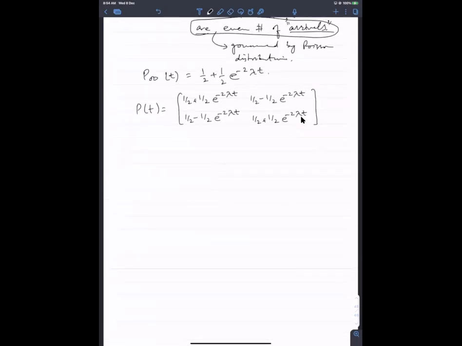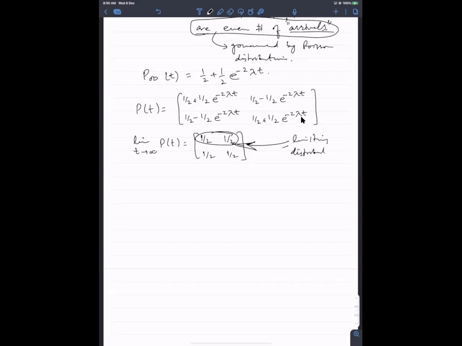Okay, so to find the stationary or limiting distribution, limit t going to infinity P(t), this will turn out to be 1/2, and this is the one row is giving you what we call limiting distribution, which is also the same as stationary distribution.